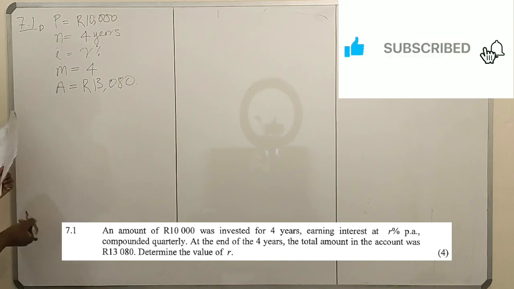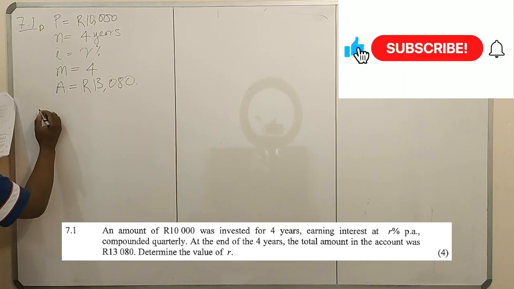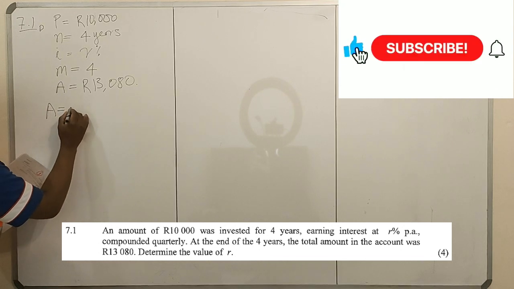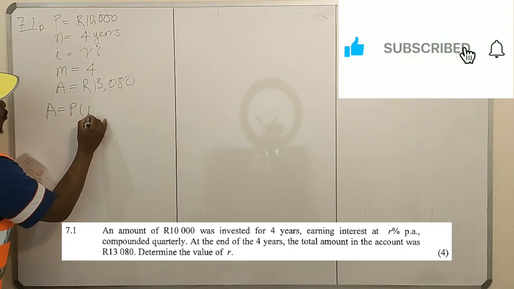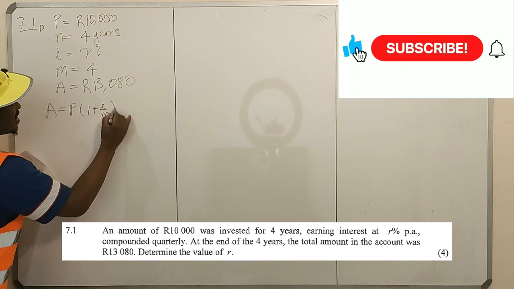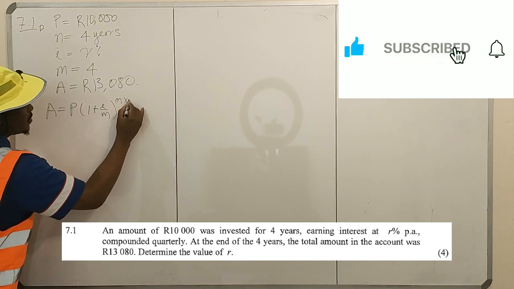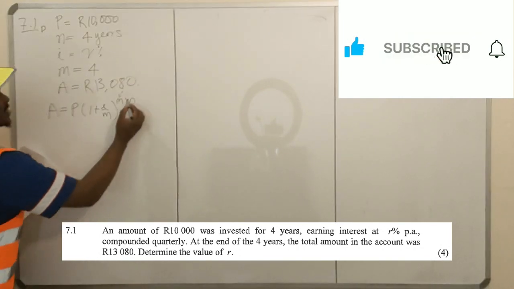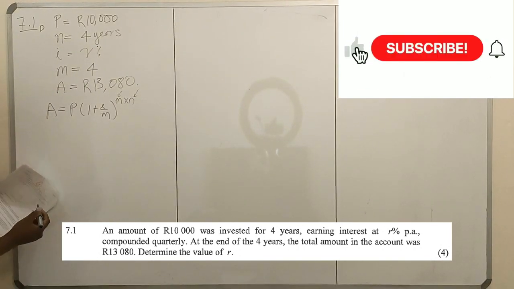So you know that for a single investment like this, your accumulated amount is A = P(1 + i/m)^(mn), where m is the number of compoundings and n is the number of years.